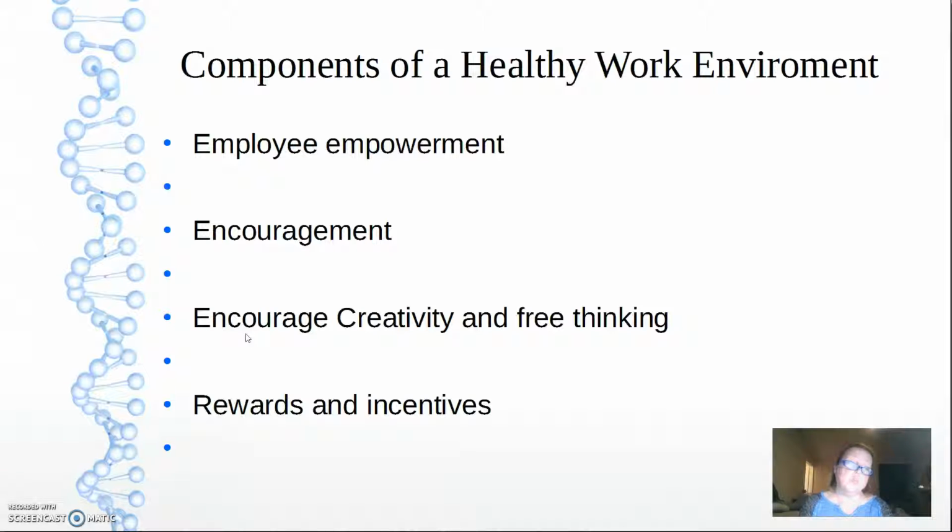We encourage them in their life choices. Like if they're going to school, we encourage them to continue school. Encourage creativity and free thinking. Again, this goes back to the employee empowerment. And then rewards and incentives, that's a big thing. People like rewards, and incentives are motivators.